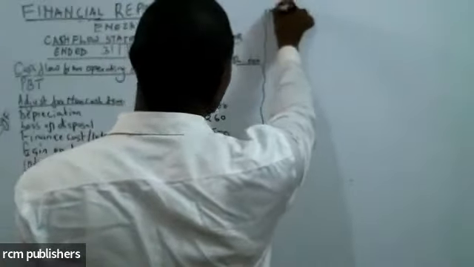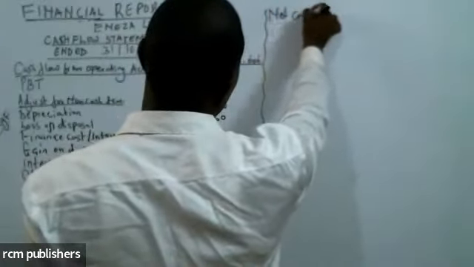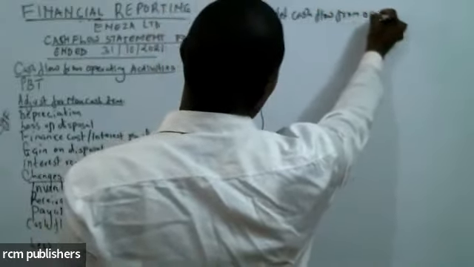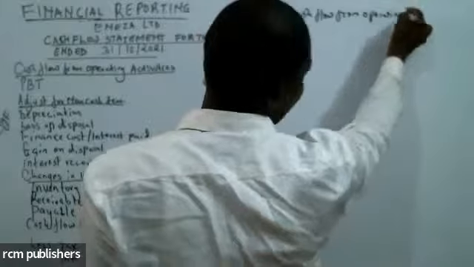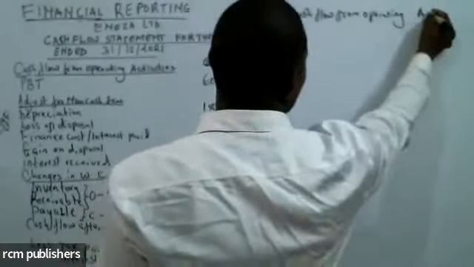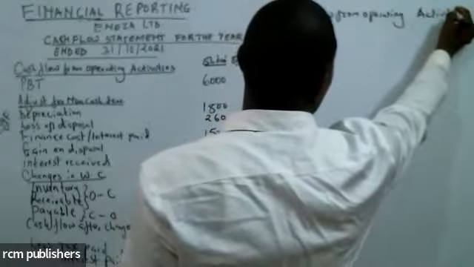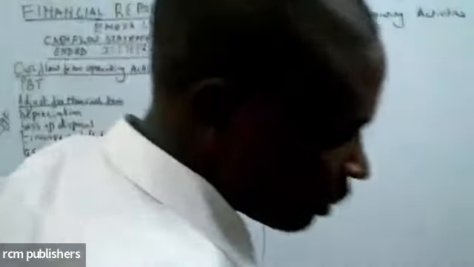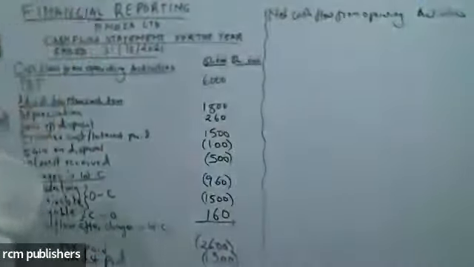It's visible, net cash flow from operating activities. So I'll adjust my camera a bit that you're able to see.